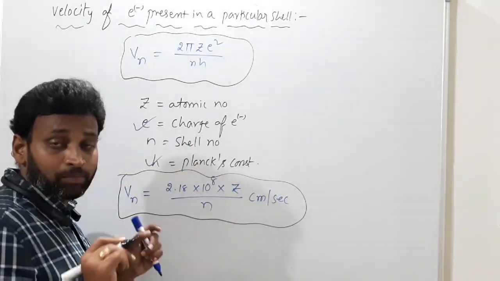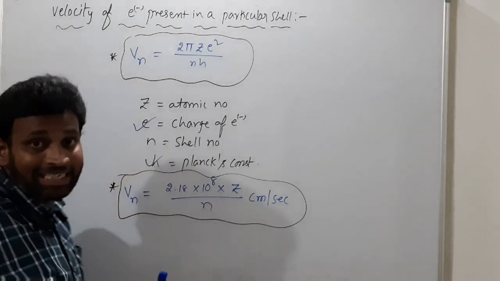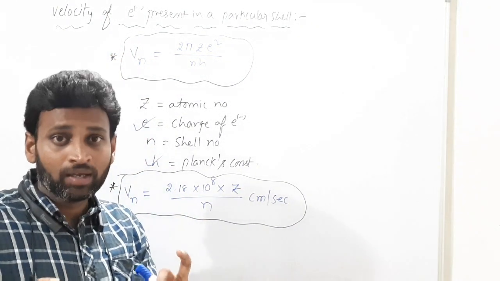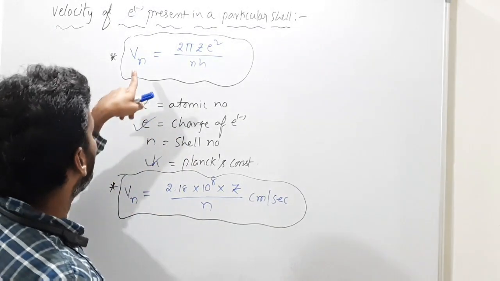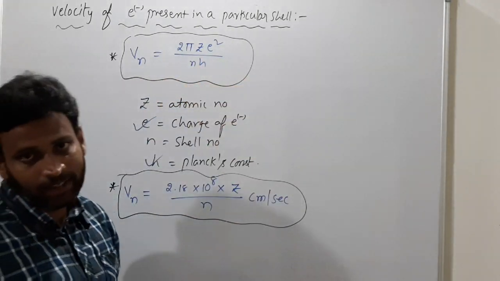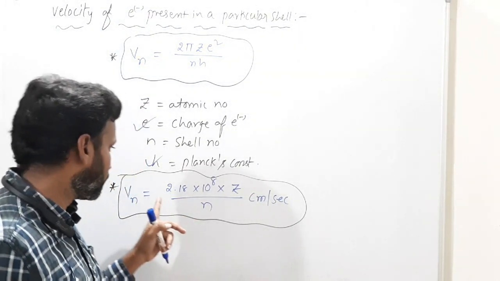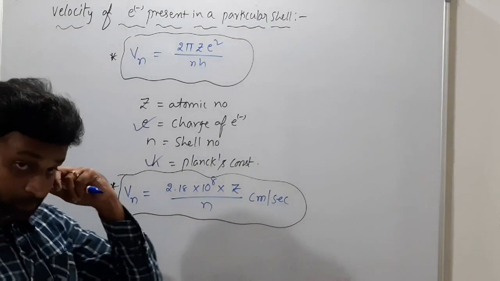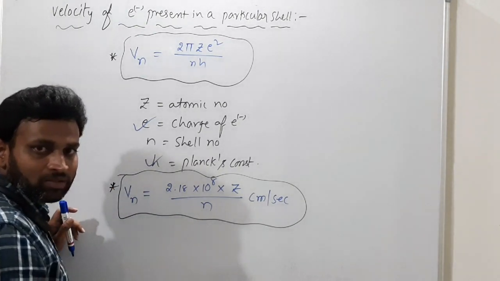But what are the important things for today and long-lasting for our NEET exam? These two formulas are enough. If you believe me, these two are very, very important. The velocity of the nth orbit, 2 pi z e square by nh, and the simplified formula for solving numericals, 2.18 into 10 power 8 into z by n, in centimeters converted to meters.